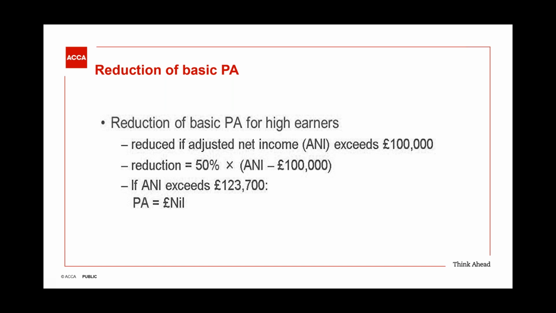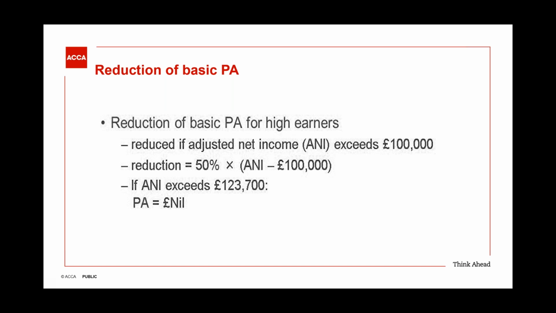So you get a difference of £10,000. That into 50%, you get £5,000. Now that £5,000 you deduct from your personal allowance 11,850. So then you get a difference of 6,850. That will be the adjusted personal allowance available.